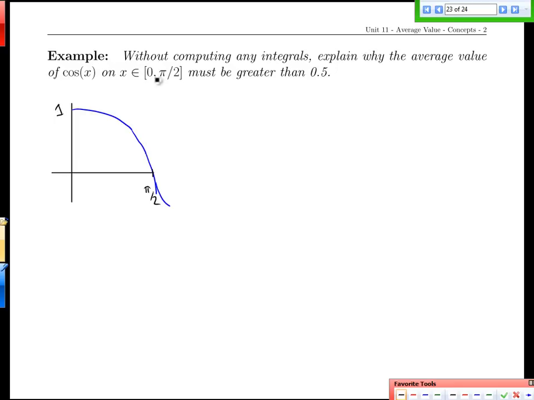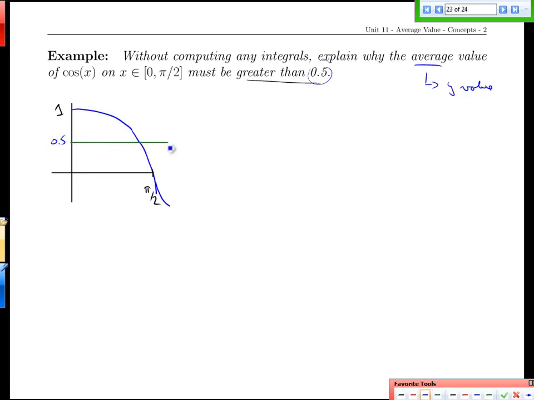Okay. Why must the average be greater than 0.5? Again, if the average is something we're looking at on a graph, it's a y value. So what we're being asked is, how can we know that the average value is going to be higher than 0.5?